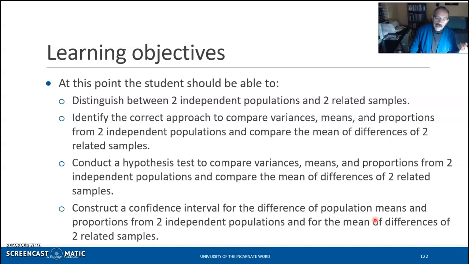And if you have dependent samples, then you will be looking at a continuous random variable for calculating the difference of those. And of course, it is expected that you should be able to carry out the hypothesis test and calculate the confidence interval for any of these situations, and you should be able to interpret the results. That's an expectation that in the exam will be very important, to be able to explain your results.